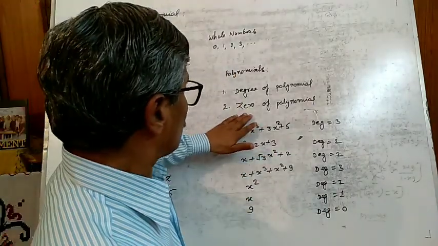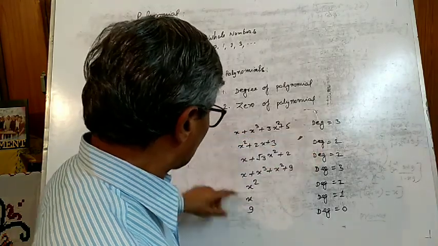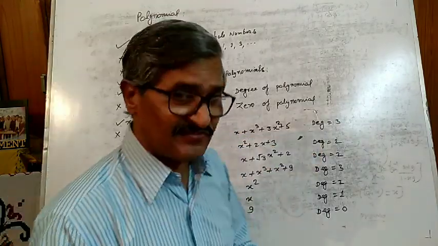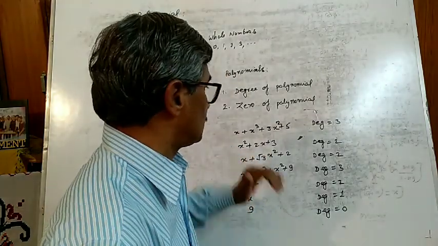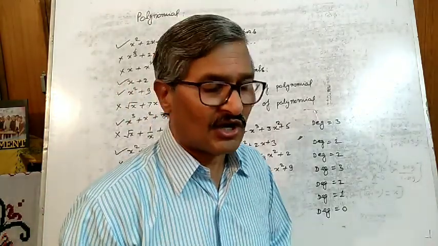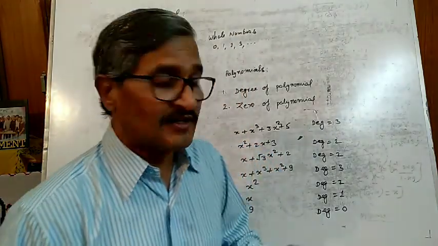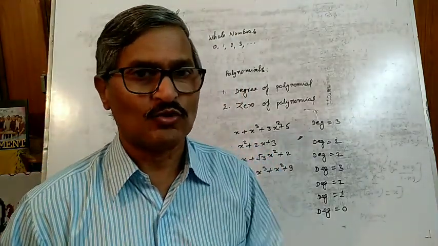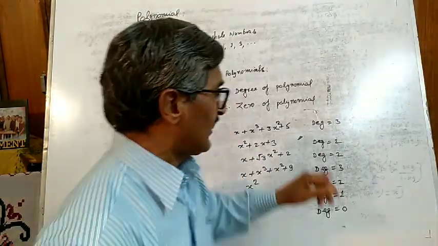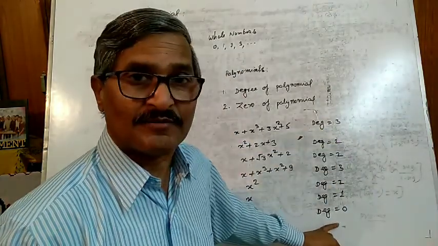Now before going to zero, we are going to discuss classification of the polynomial. How these polynomials are classified, how these are categorized. So polynomials are categorized by two methods. First method, according to degree of the polynomial.